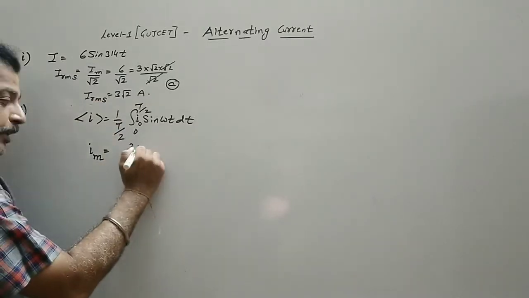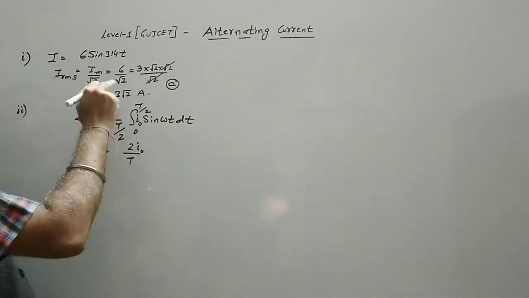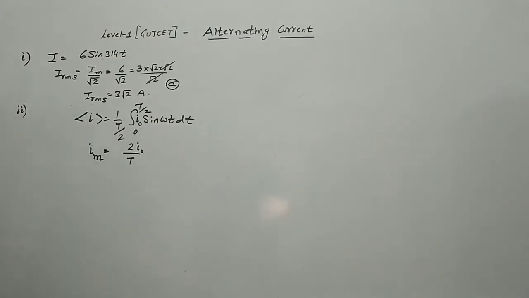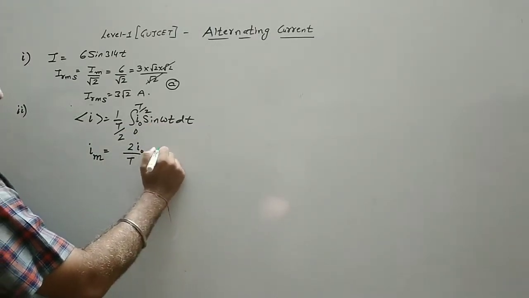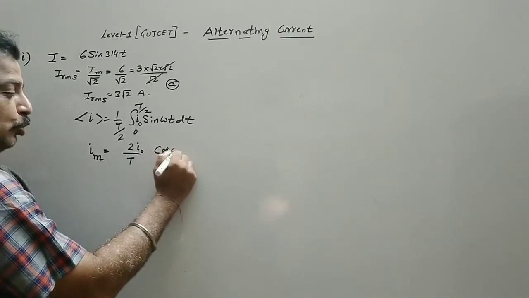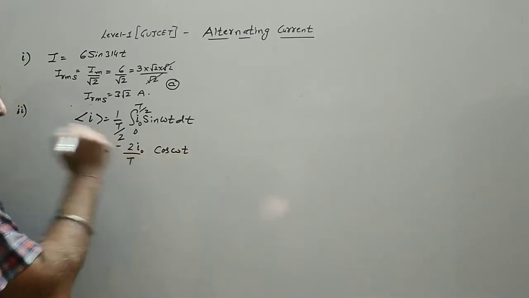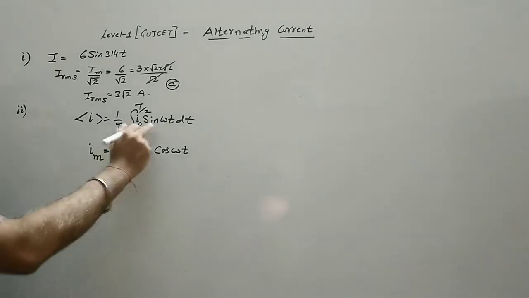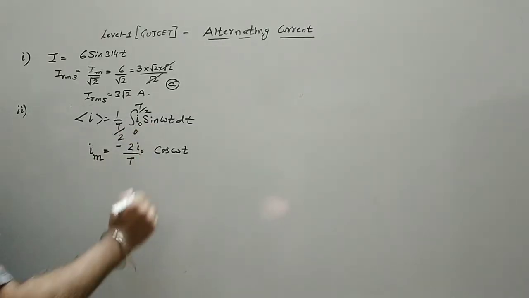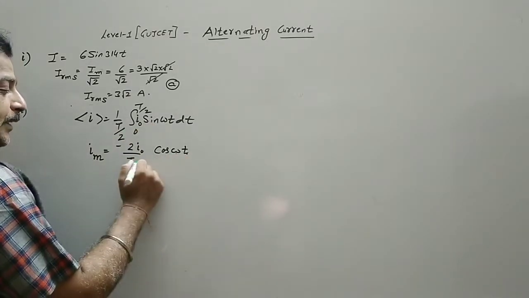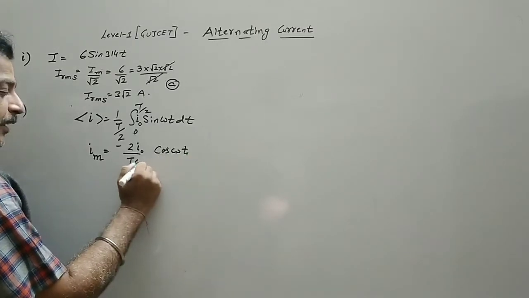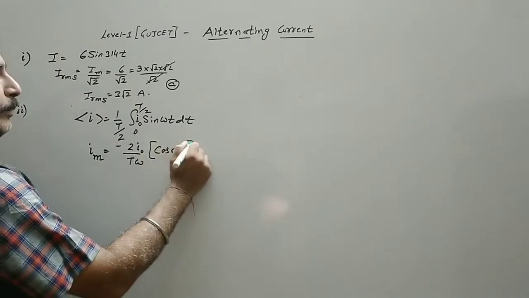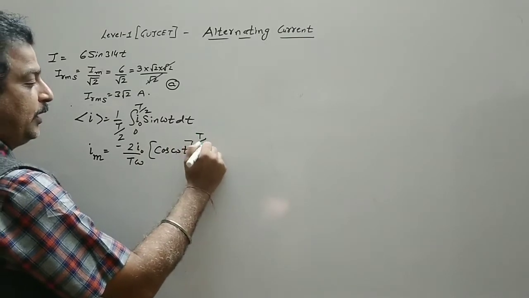I naught is constant, that is actually the maximum value, the amplitude. Then the integration of sine omega t. The integration of sine is minus cos divided by omega, because the derivative of omega t with respect to t is omega. So we write here omega, and the limits become 0 to T by 2.